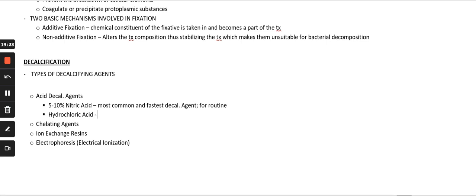One thing that is unique about hydrochloric acid is that it is recommended for, take note, surface decalcification of the tissue block.